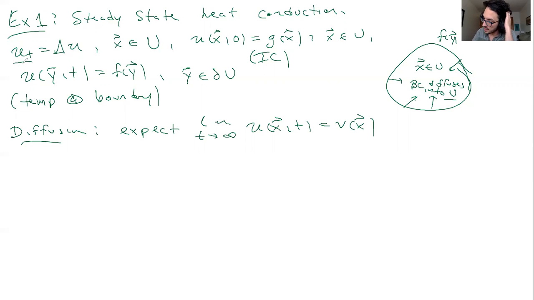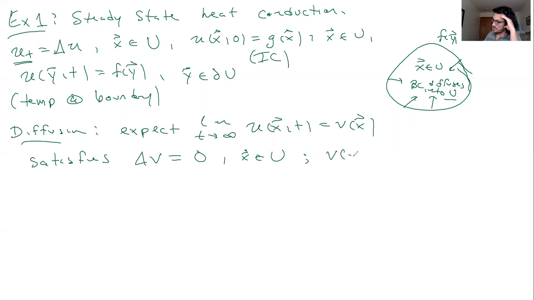Eventually, you're no longer going to have changes in time. You're going to reach some steady state. Well, this steady state solution satisfies that the Laplacian of v equals 0, because you have no time dependence anymore, and that v of y is equal to f of y. So, steady state solution to a heat equation. That's one way to get Laplace's equation.